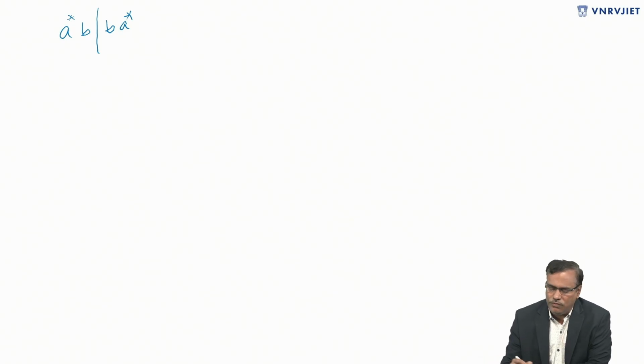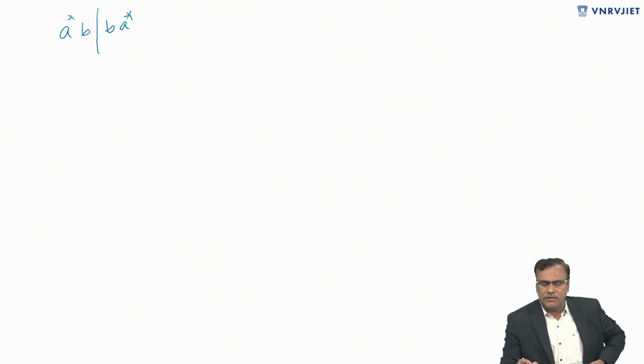First, let us know what the possible strings of this language are. What it says: any number of A's ending with a single B, or a single B followed by any number of A's. Those are the possible strings of this language.